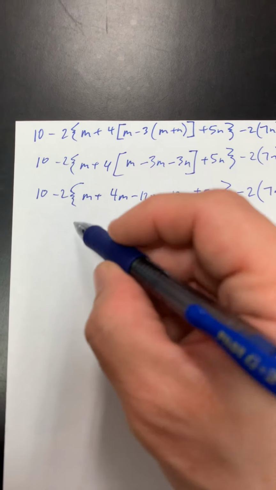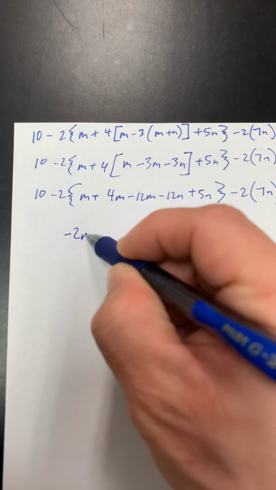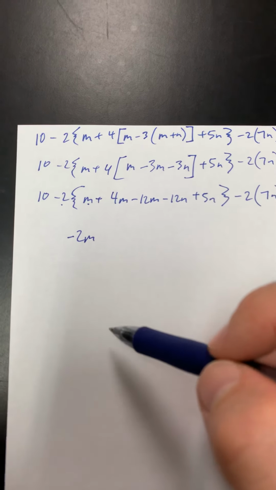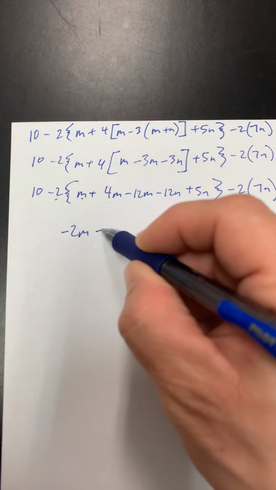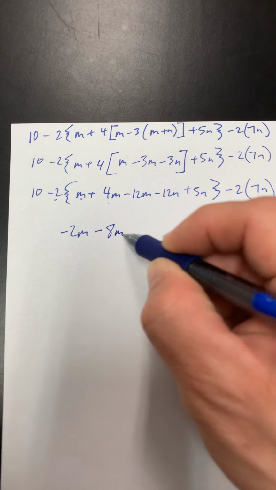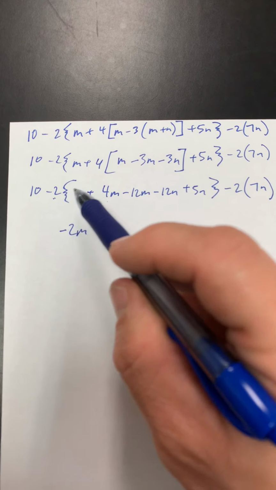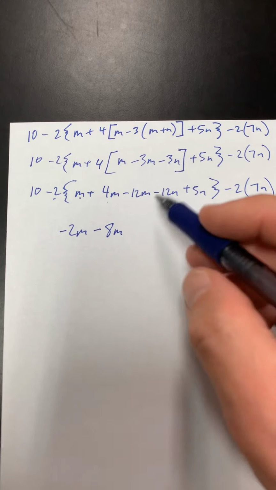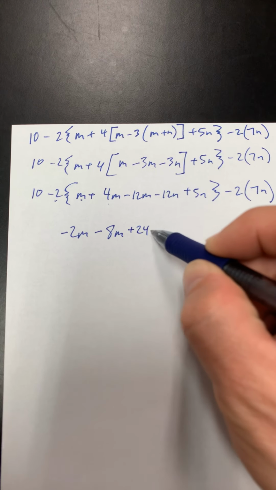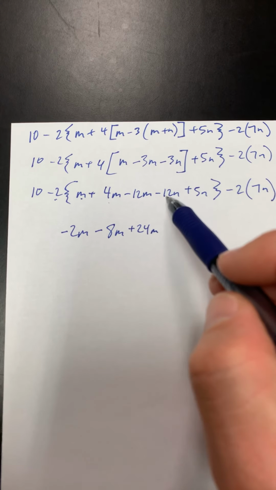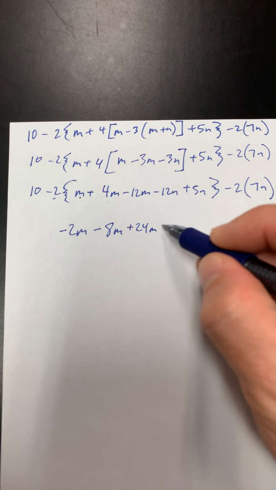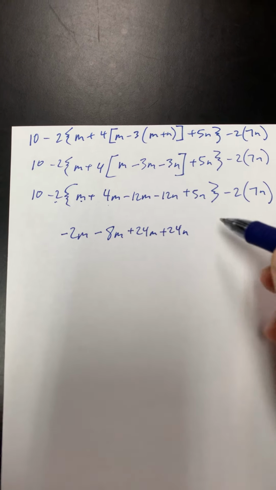Negative 2 times m is negative 2m. Negative 2 times 4m is negative 8m. Negative 2 times negative 12m is positive 24m. Negative 2 times negative 12n is positive 24n.